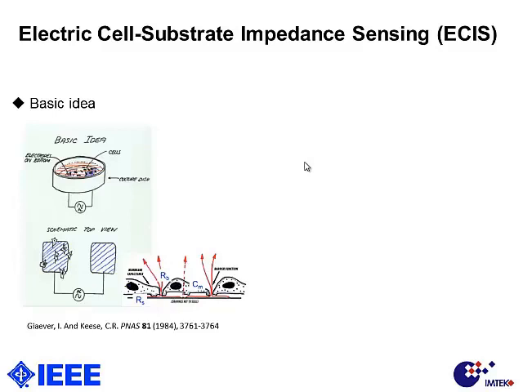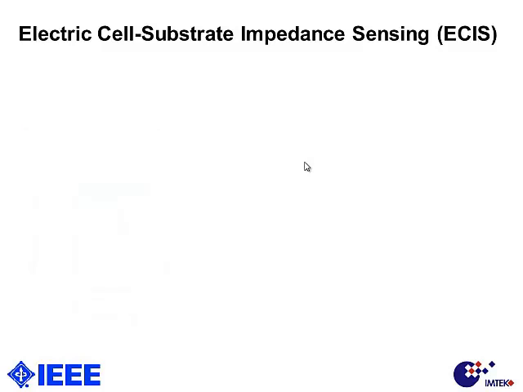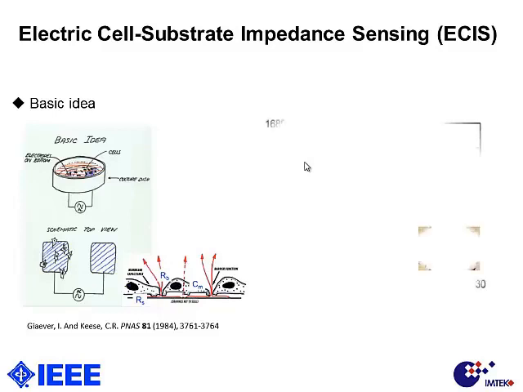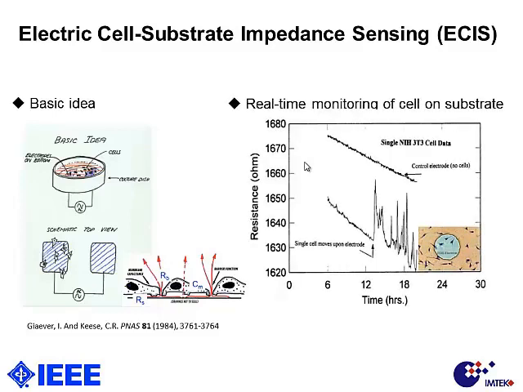Normally it consists of 1 counter electrode and 1 working electrode, and they apply a voltage here and measure impedance. The current goes from the counter to the working electrode, but when cells are present on top of the electrode, they induce a different impedance. With this method, they can monitor cells on the substrate in real time.